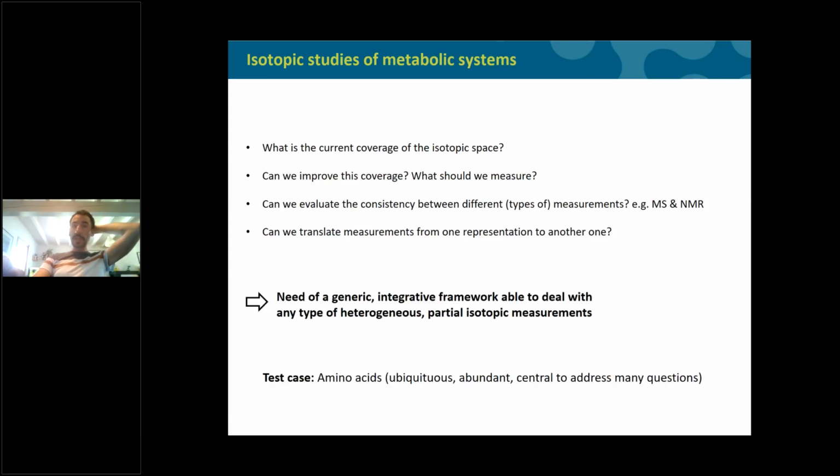For that, we need a generic tool and a generic framework able to deal with any type of heterogeneous partial isotopic measurements. And this is what I will present. As a test case, we applied the formalism I will present on amino acids because they are ubiquitous, abundant, and central to address many questions in biology.